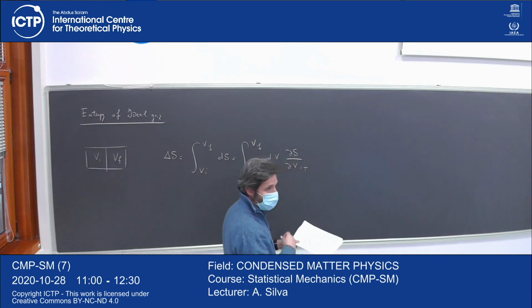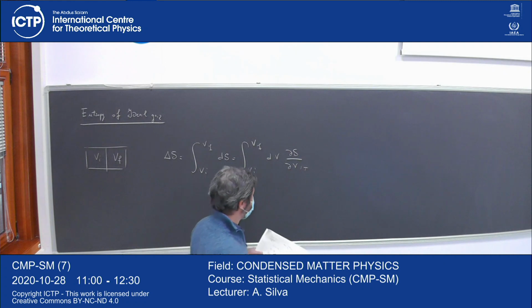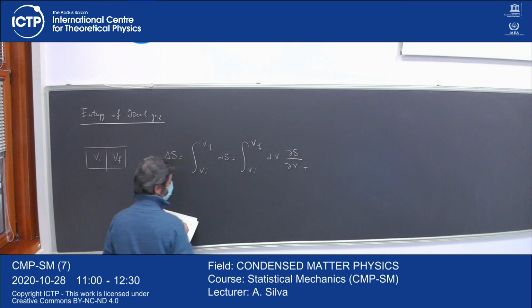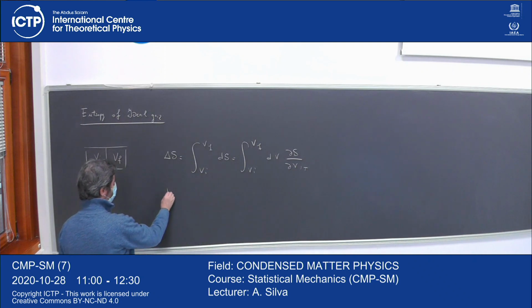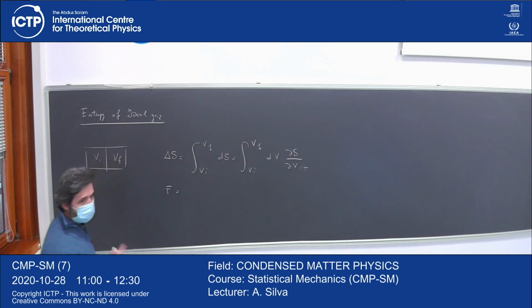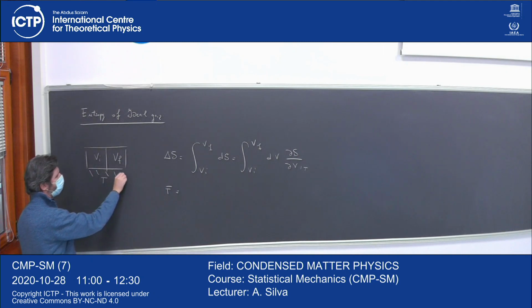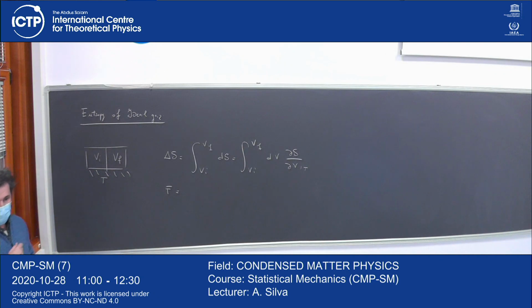Otherwise, it would be constant entropy, not temperature. All right. So now, how do I compute this dS/dV? Well, this is a situation in which the temperature is constant, the volume is changing, and the number of particles is fixed. So temperature is constant, volume is changing, number of particles is fixed.